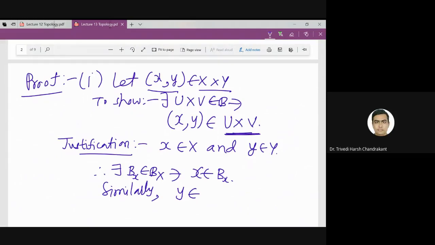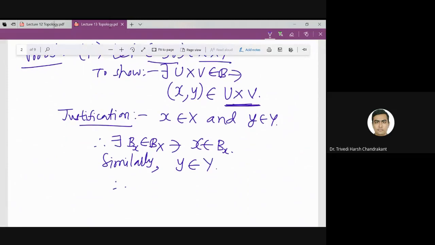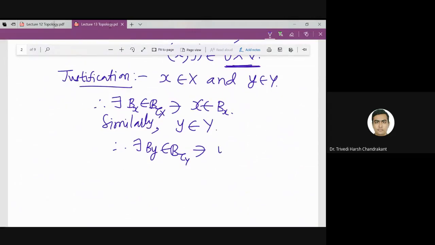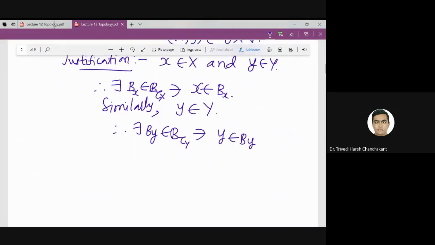So now y is an element of Y and Y is a topological space. So there is a basis element of Y. So there exists by in the basis, so actually I should write basis of topology on X and basis for topology on Y, so that y belongs to by. Since we know every basis element is open in the topology, that means it is an element of the topology.